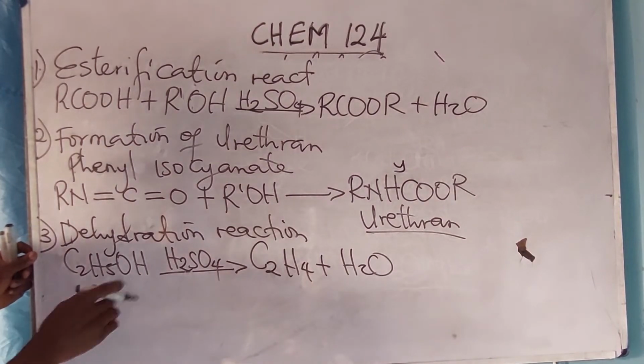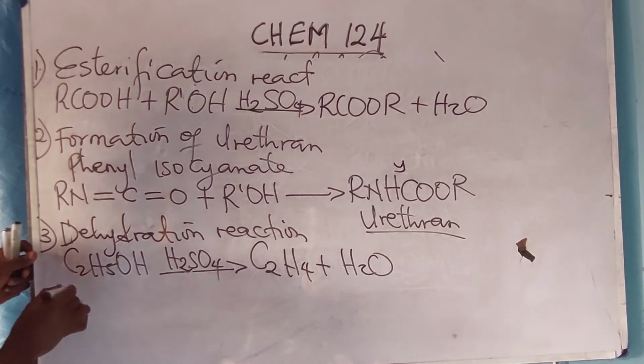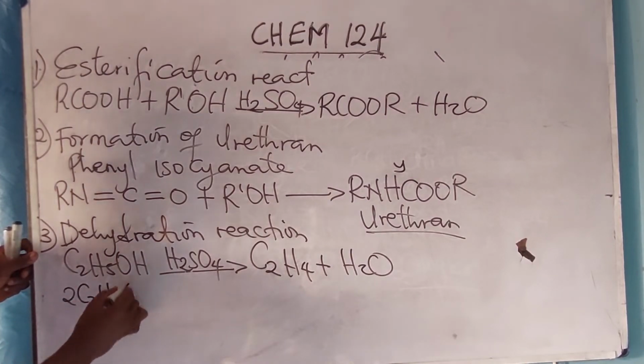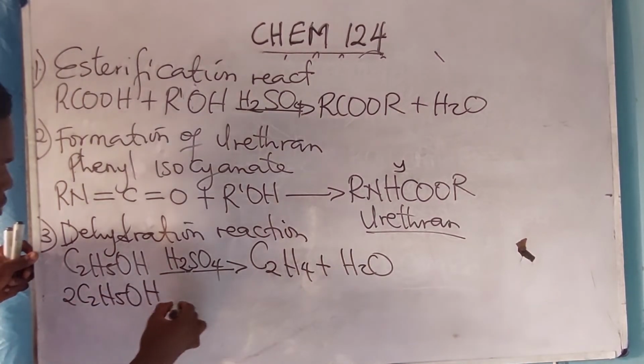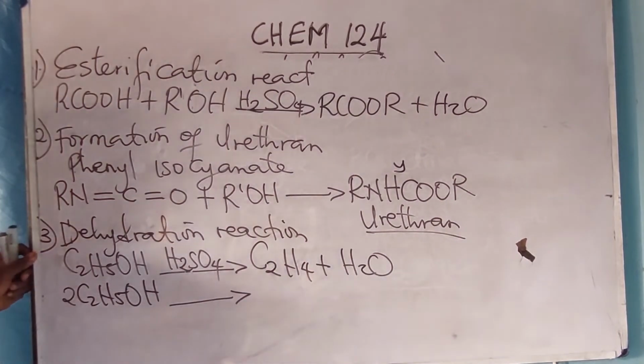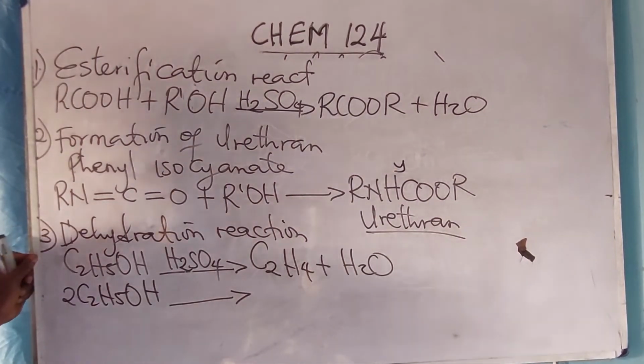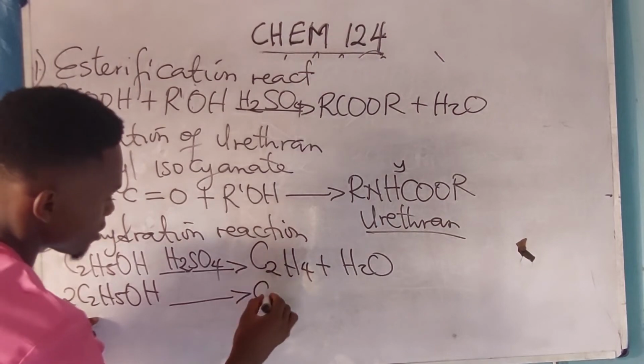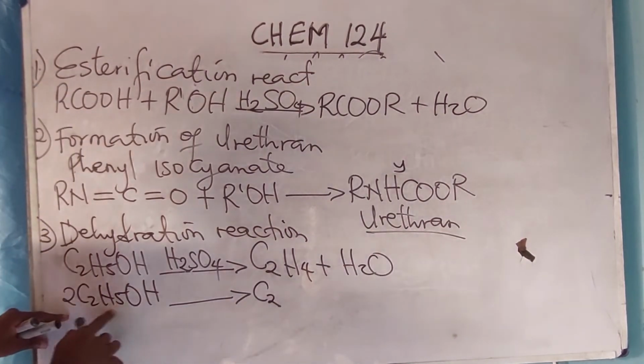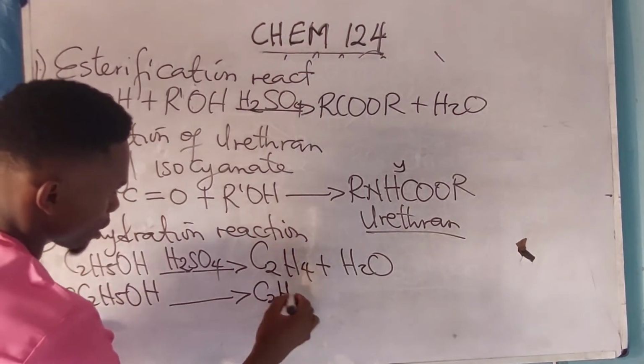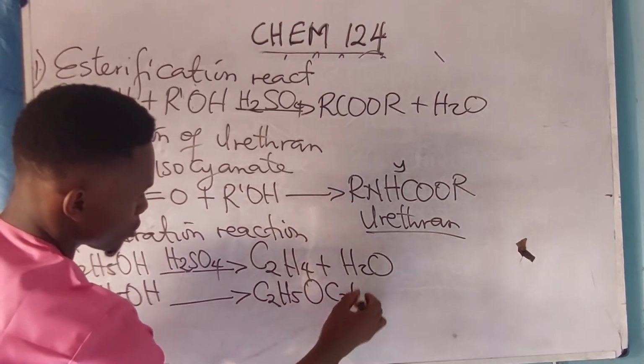Then, please, in the dehydration of excess alcohol, it will produce a diethyl ether. This is C2H5, O, C2H5.